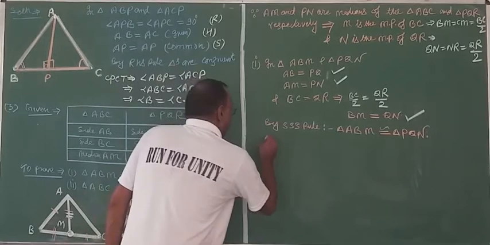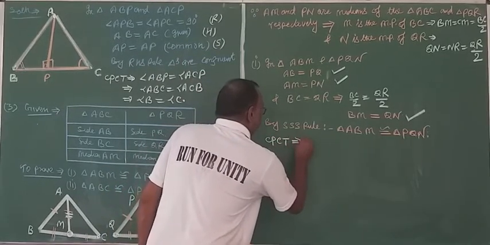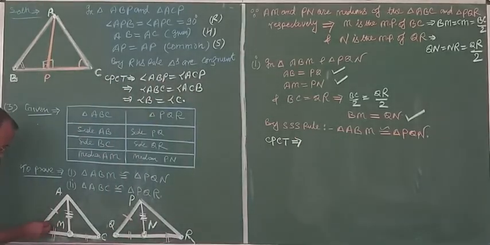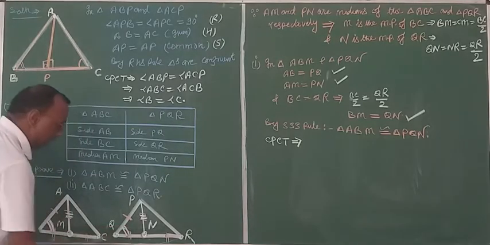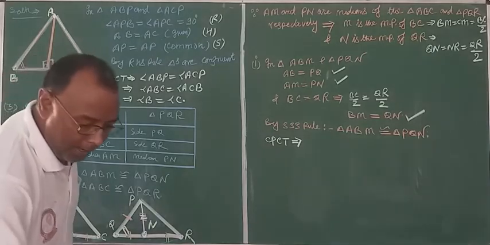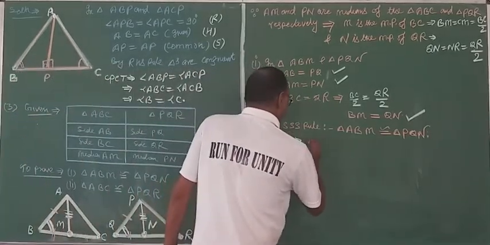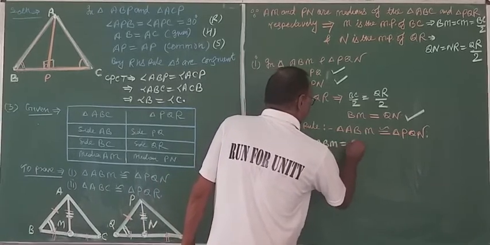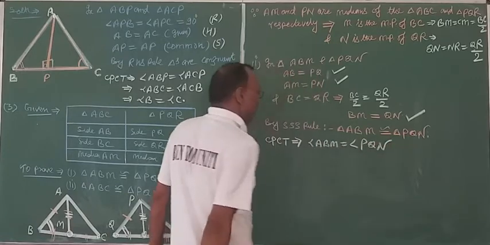Now CPCT. Just look at CPCT. What will happen in CPCT now? Angle ABM will be equal to angle PQN. Yes or no?